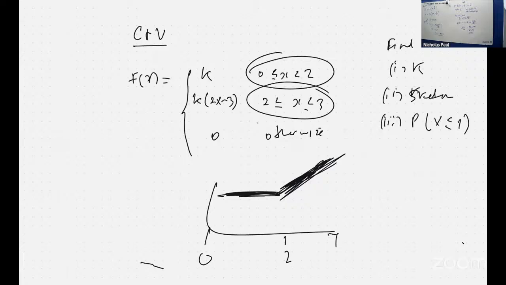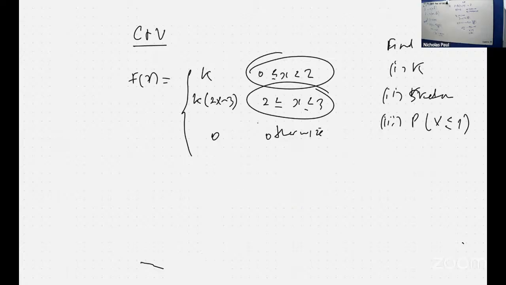So I'm going to do part 2 first just to give you a little idea, the sketch, and then we will find k. So your graph might look something like this: 0, 1, 2, 3. Between 0 and 2 is k.